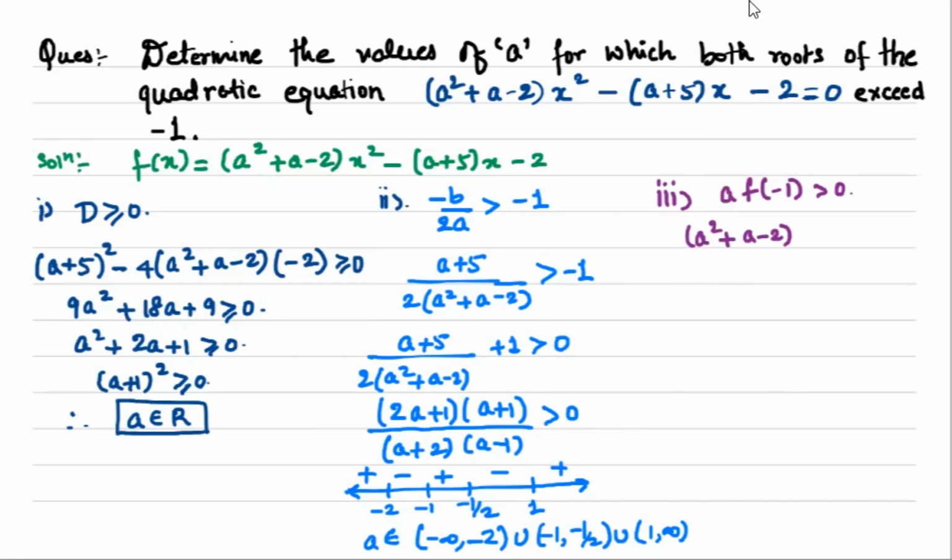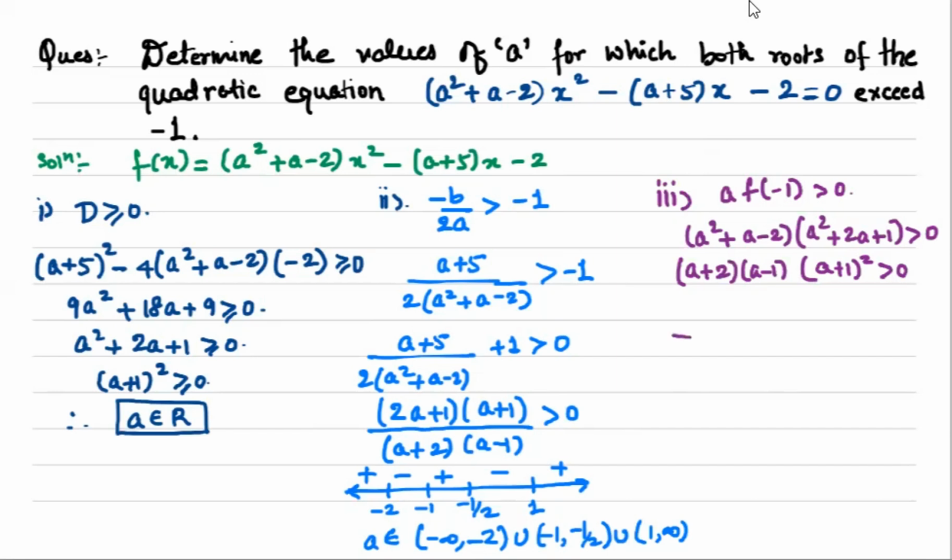If you solve this f of negative 1, you'll basically get a squared plus 2a plus 1, and it should be greater than 0. Now, a squared plus a minus 2 can be factorized, we have already done that with a plus 2 and a minus 1. And this a squared plus 2a plus 1 is nothing but a plus 1 whole squared, greater than 0.